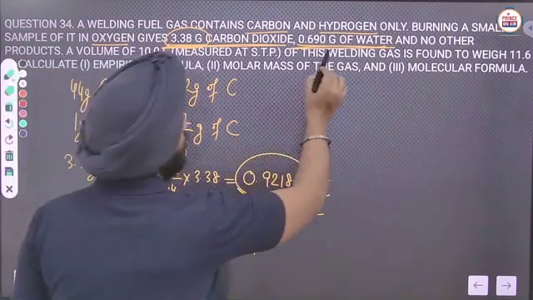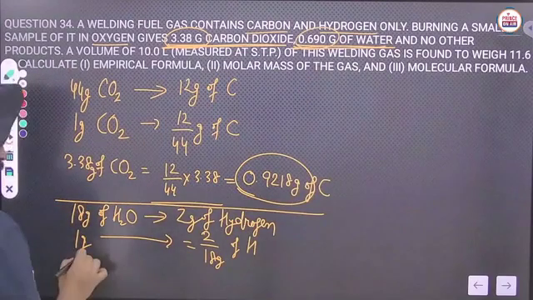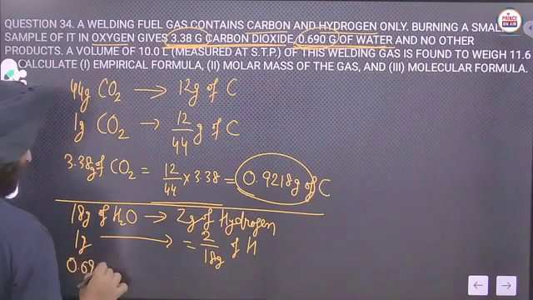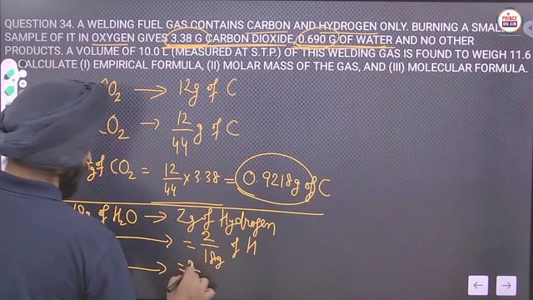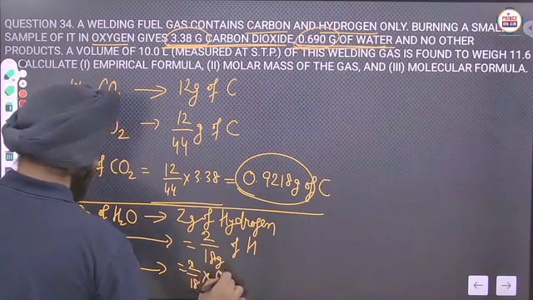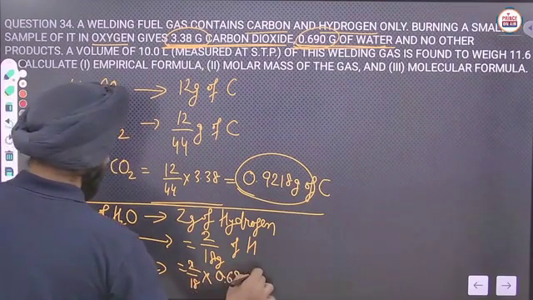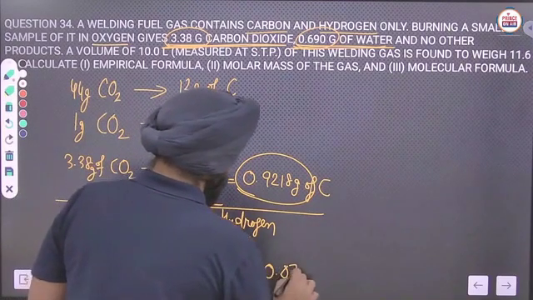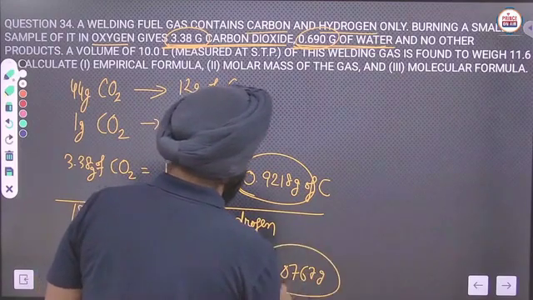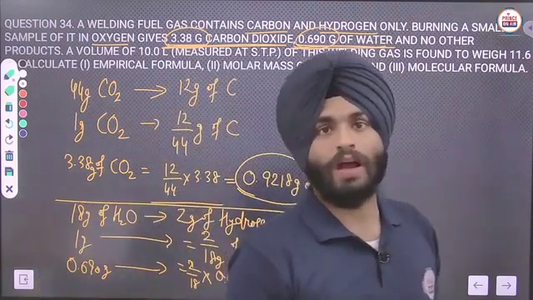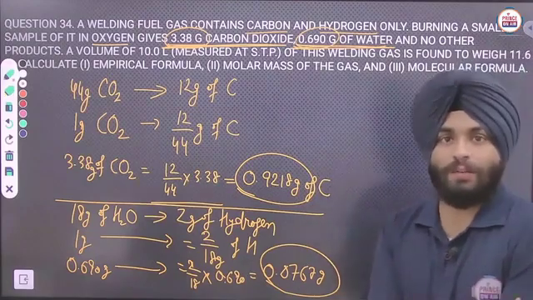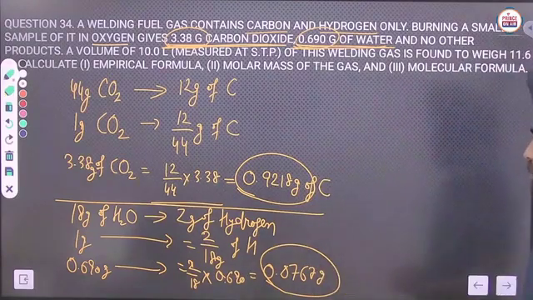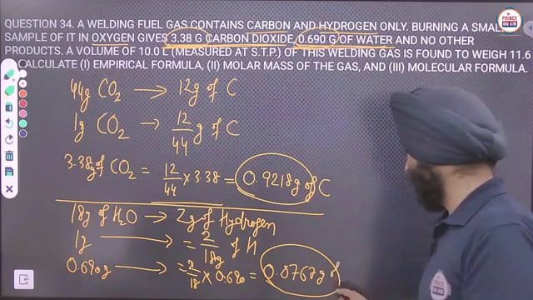We have 0.690 gram of water, so 0.690 gram of water will contain 2 upon 18 into 0.690. It will come out to be 0.0767. That calculation I have already done myself, and I am just providing you the answer here, of hydrogen.